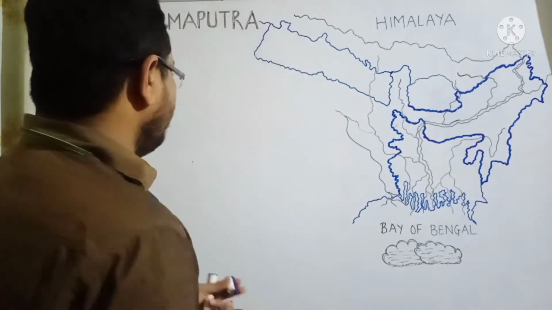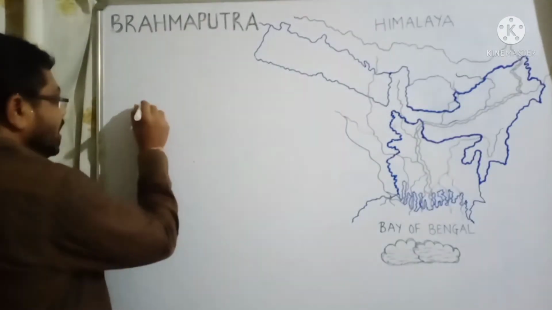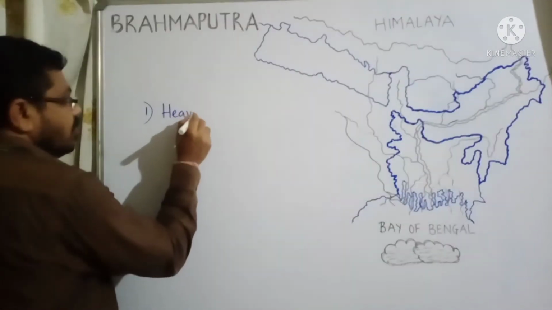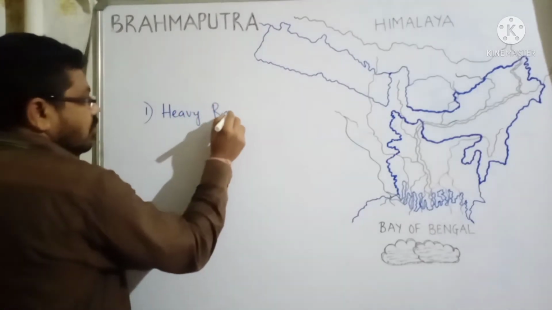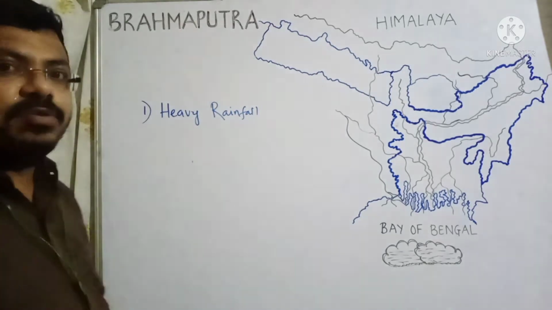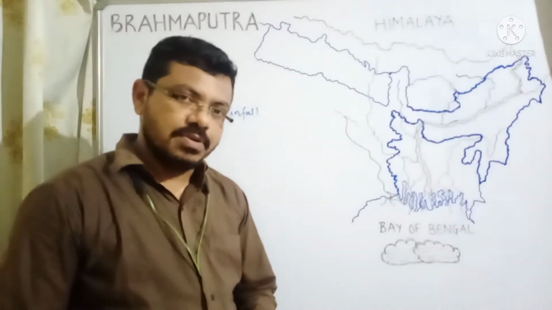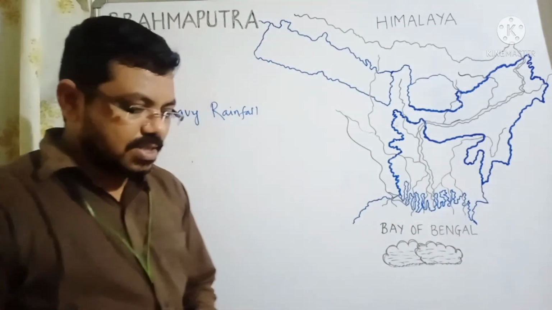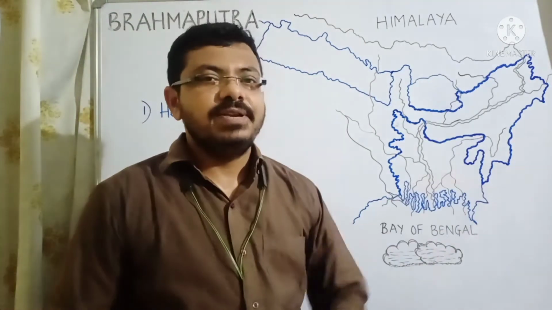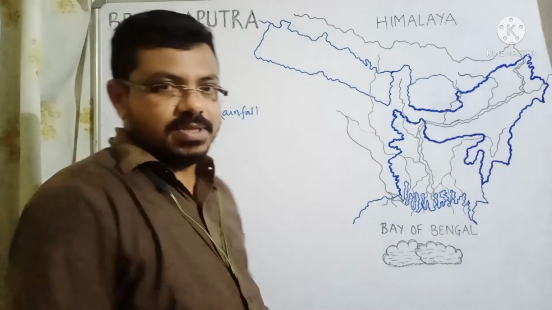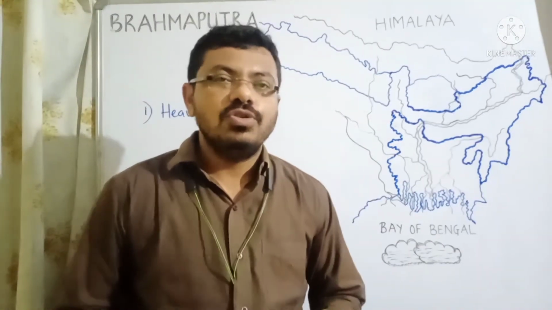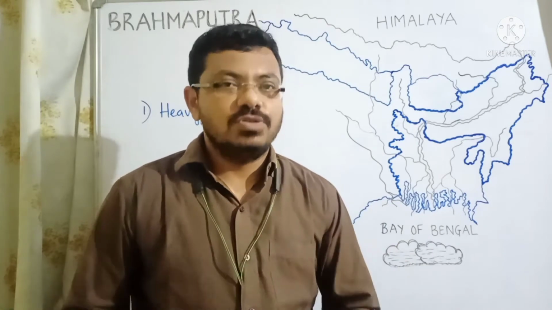Now how is it happening? The first idea is heavy rainfall. This is the main cause of flooding in Brahmaputra river. We all know that India receives rain through the southwest monsoon.